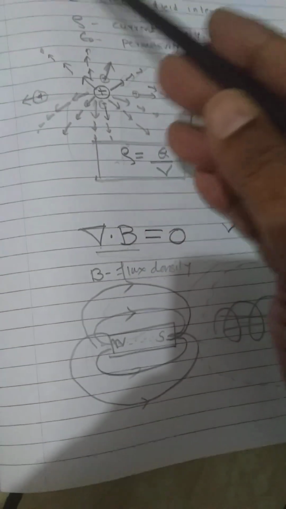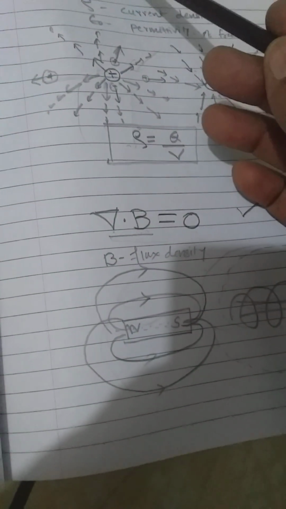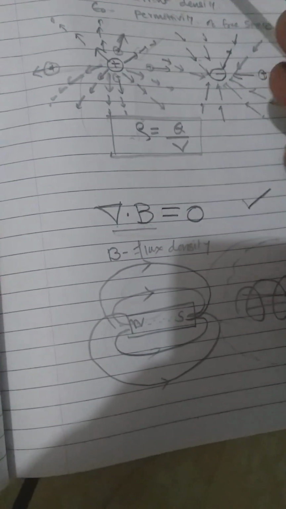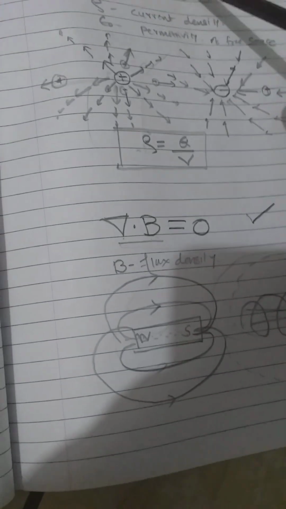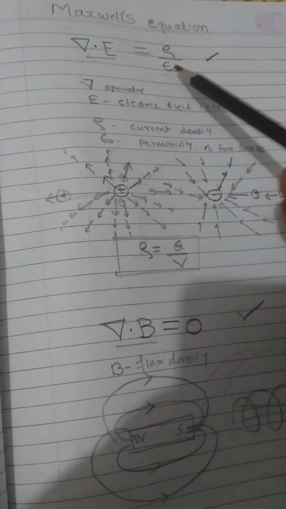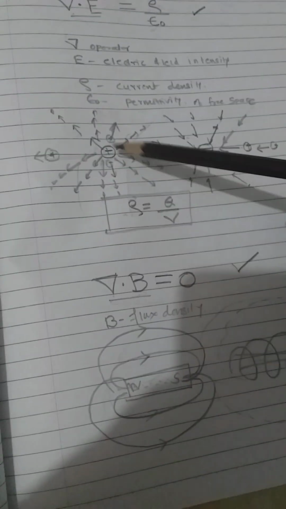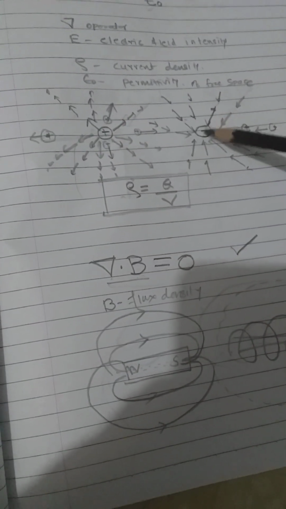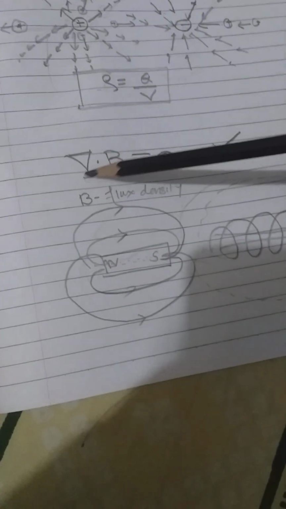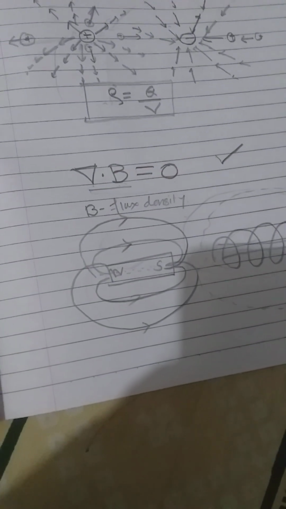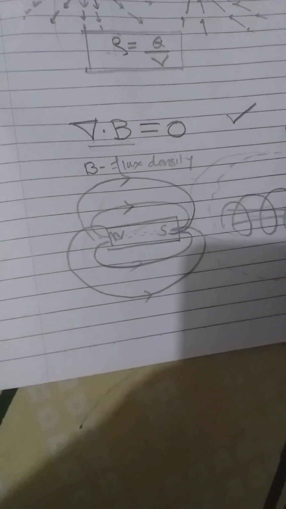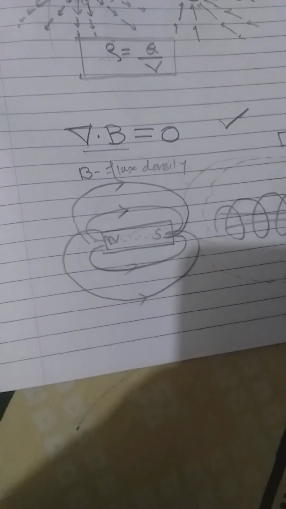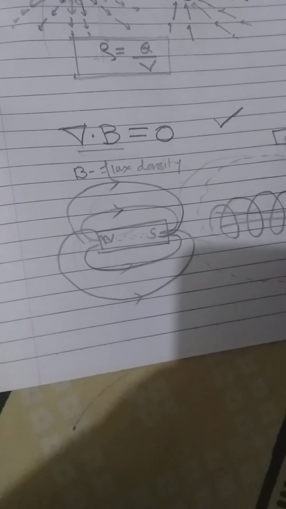So divergence, del dot E, is equal to flux density upon epsilon 0, and it shows whether the flux is spreading out or spreading in, right? And del dot B also signifies that a single north pole or single south pole is not there.